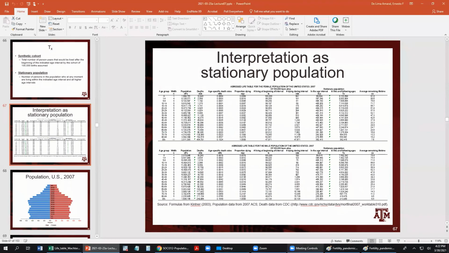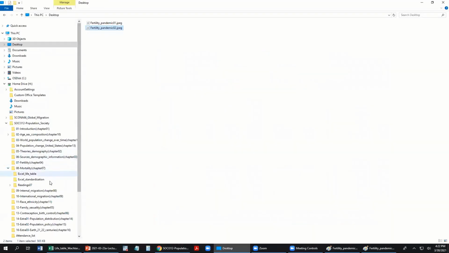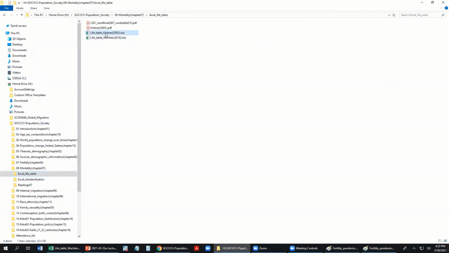So when you unzip the file, you have the standardization results that I showed you for US and Venezuela in the previous class. And for life table, you have both the one based on this method by Kintner and the one by Wachter.